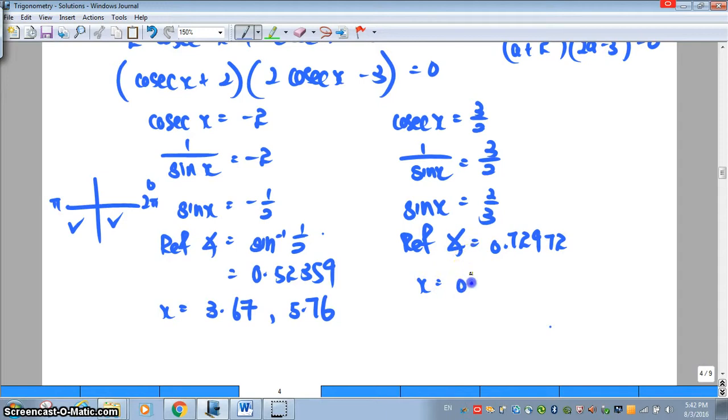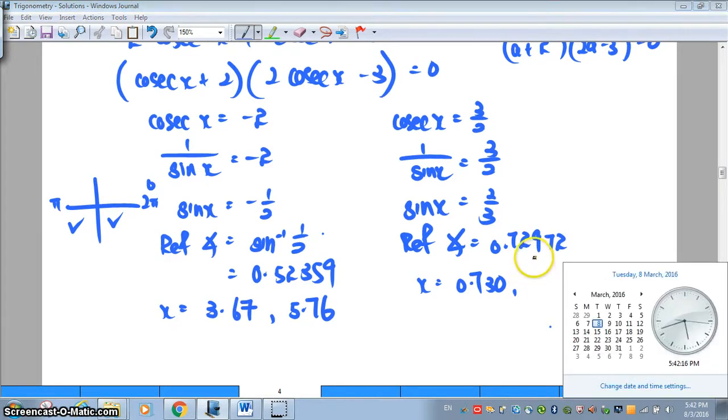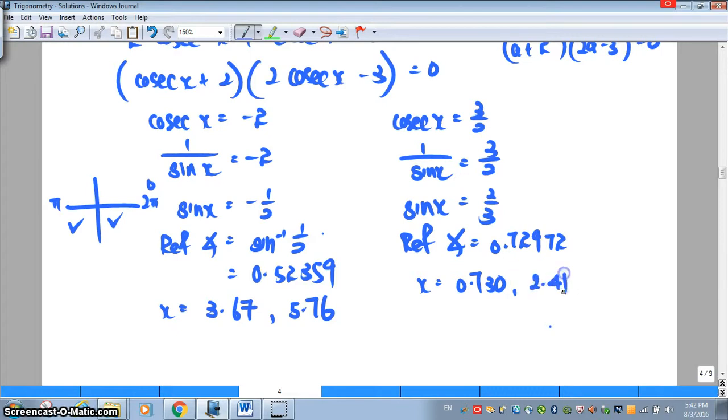So if it's in the first quadrant, rounding off to 3 significant figure, it will be 0.730. If it's in the second quadrant, pi minus the reference angle, 2.41. So now, please have your final solution arranged in ascending order.